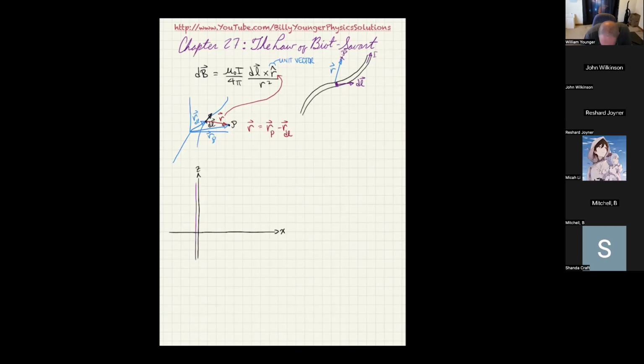There's the left edge of my wire, there's the right edge of my wire, and the current I is going up. Now, what I wish to do is at this point P, I would like to know the magnetic field strength and direction.